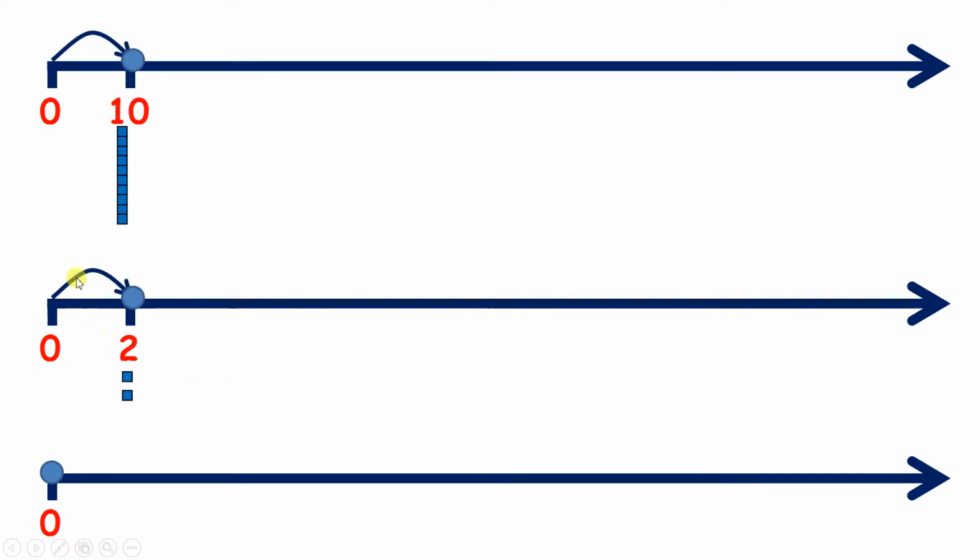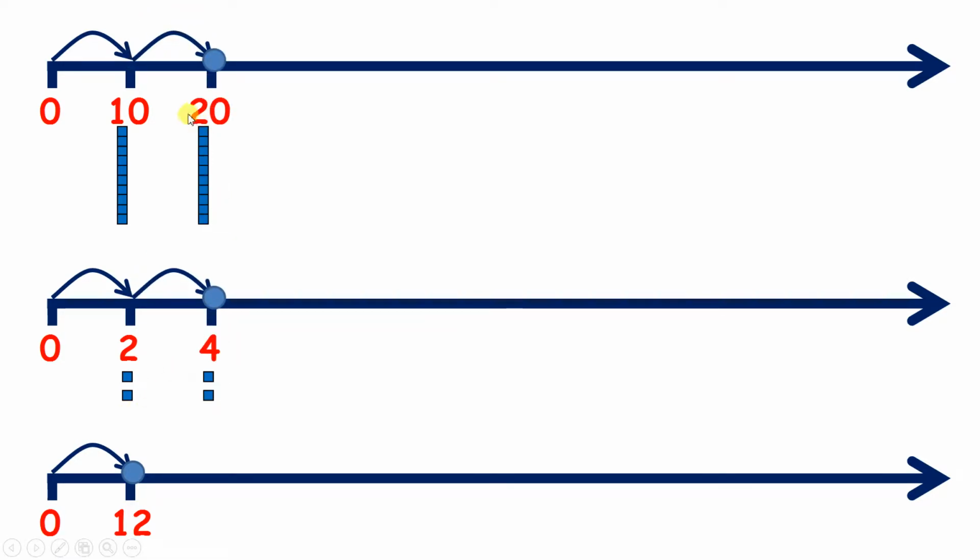So we start with 10 at the top and 2 in the middle, so we have a total of 12 blocks. Now we have 20 at the top and 4 in the middle, so we have a total of 24 blocks.